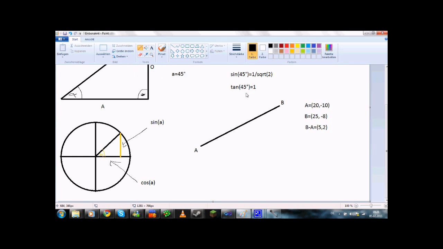Okay, so we know it's 5 and 2, and we have this long vector, but we want to have it at the unit circle so that we have a defined length for it.